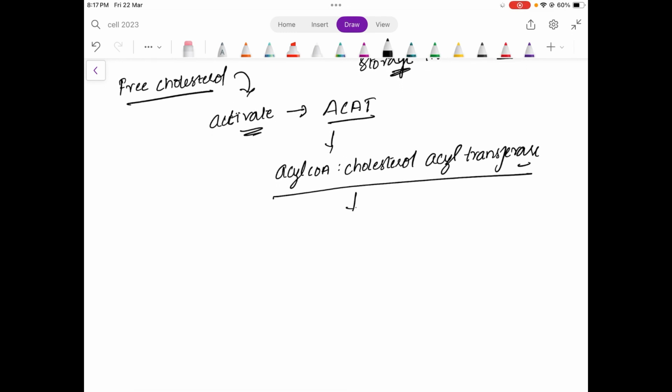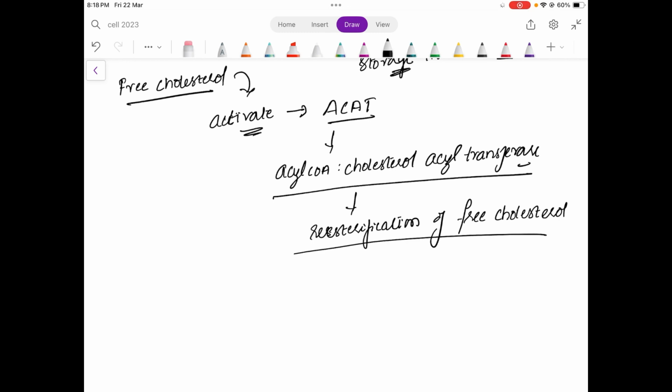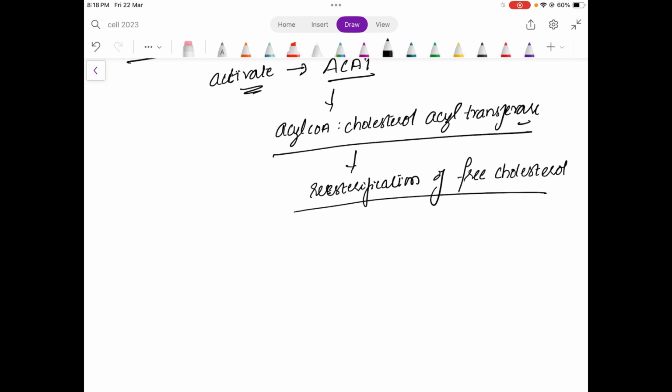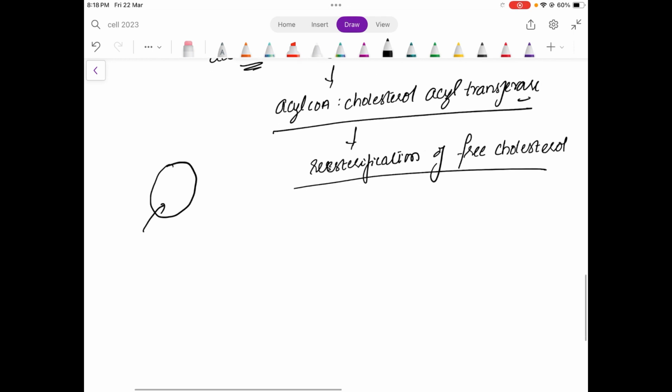And this enzyme will cause re-esterification of free cholesterol and causes storage of cholesterol. In the starting, we have seen that inside this LDL molecule, cholesterol ester is there, cholesterol combined with a fatty acid, and this fatty acid is linoleate.